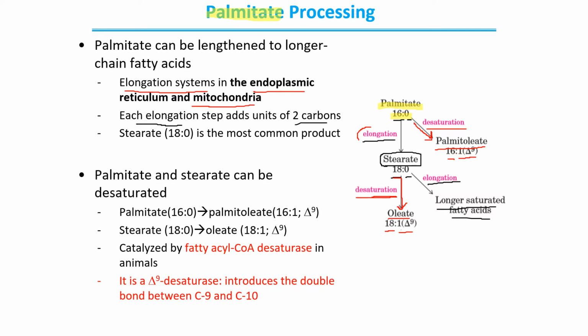Whereas desaturation is usually done with the help of the enzyme desaturase, which is the most common one, and it introduces the double bond between carbon 9 and carbon 10, as we saw in both of these reactions. So this is done by the desaturase enzyme.